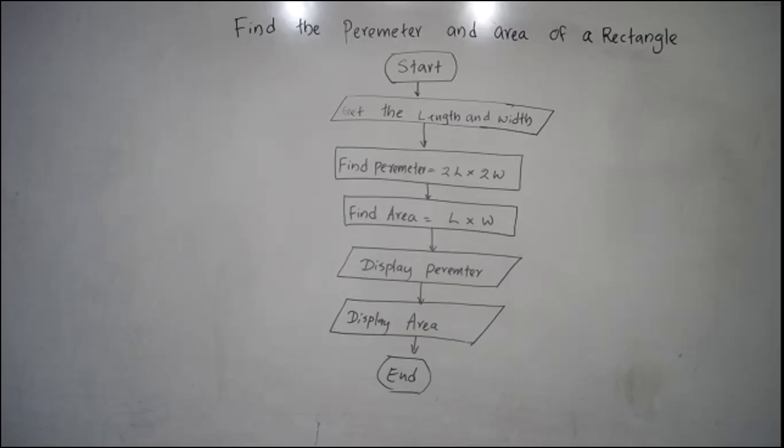First we get the length and width. So you can show those inputs as two separate inputs also. Get the length and get the width. So then you can find the perimeter, that is 2 times length. Sorry, there is a mistake here.